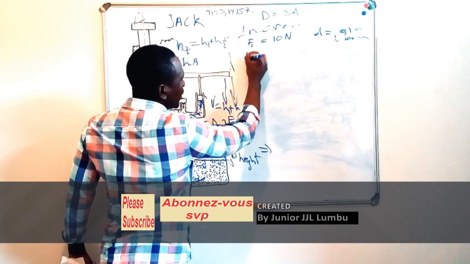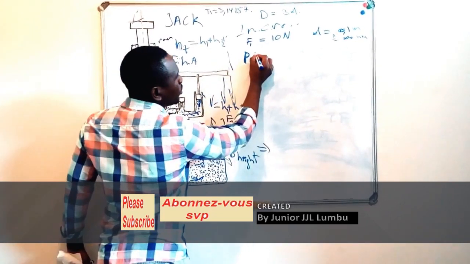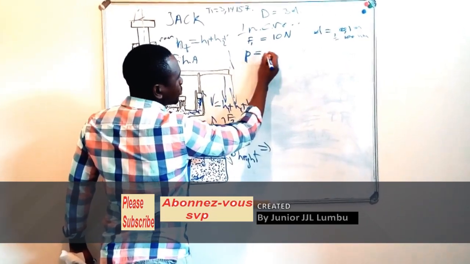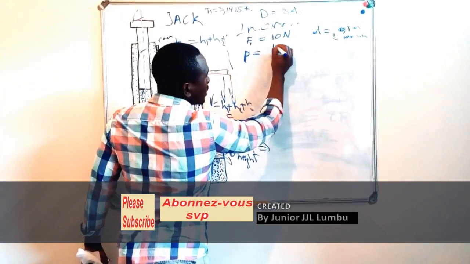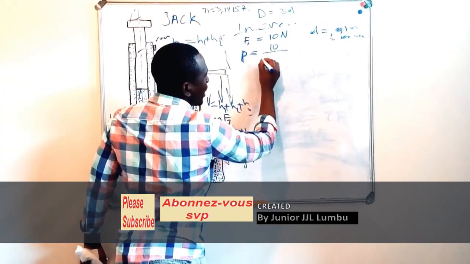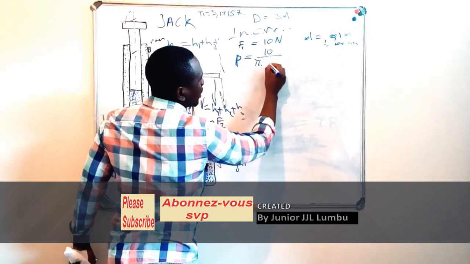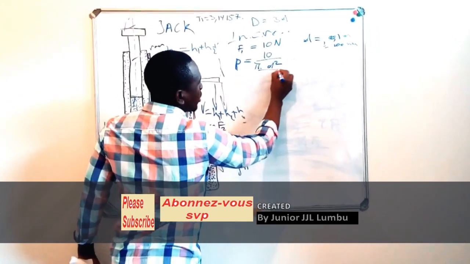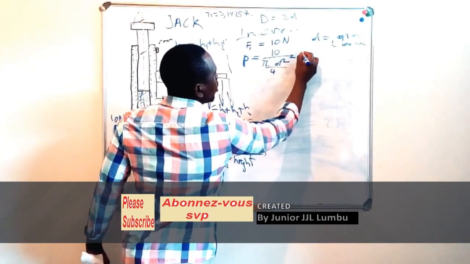So this is what is going to happen. The pressure will be equal to 10 Newton divided by pi times d squared over 4.